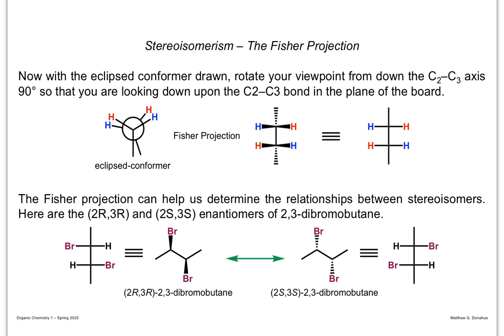But it seems like that vertical line is in the plane of the projector, but it's not. That top methyl group and the bottom methyl group, they're projected away from you. See, they're really close, but up there they seem far away, right?